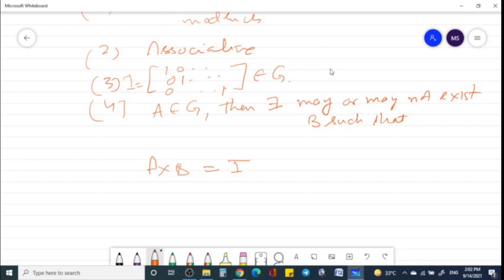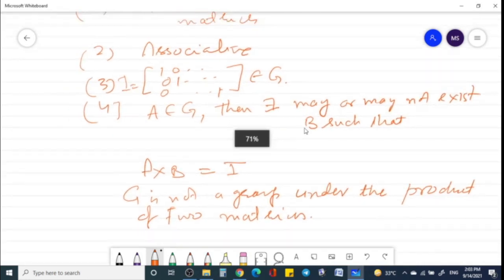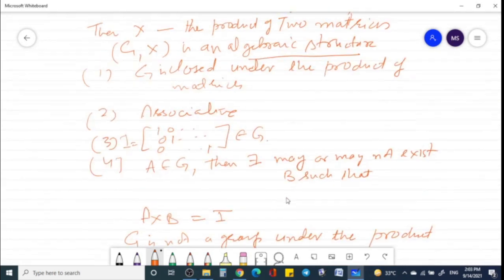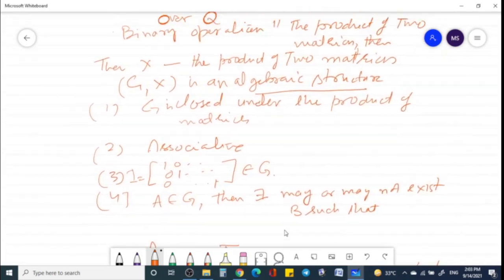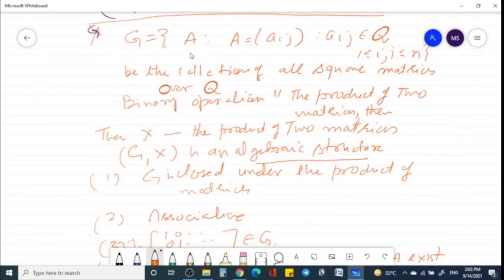So it means that G is not a group under the multiplication, under the product of two matrices. So this is an example where the collection of square matrices is not a group. But if we consider this collection as non-singular matrices, then that can be a group.